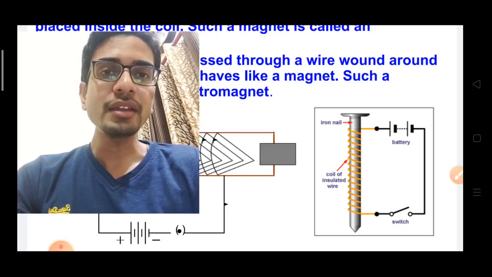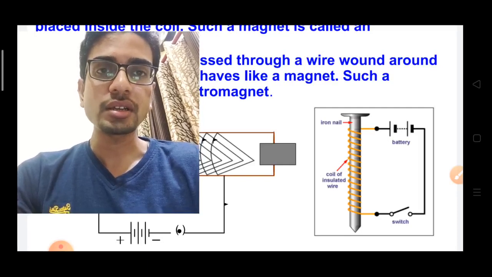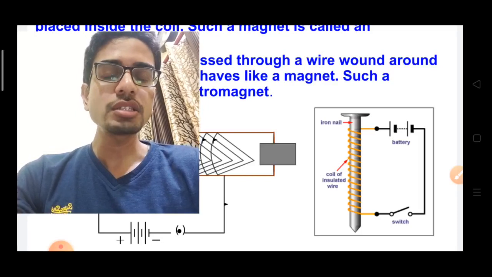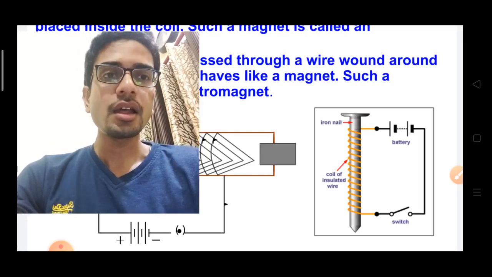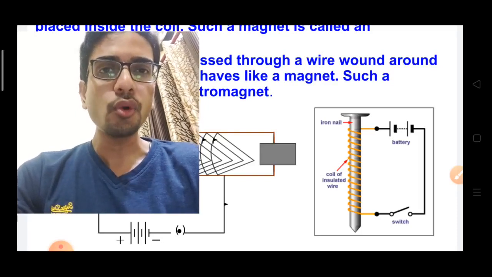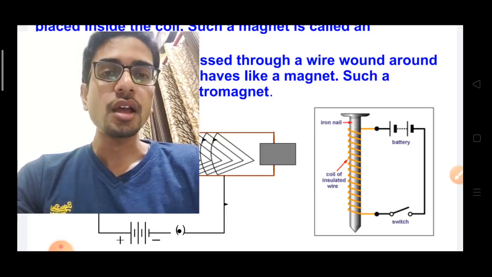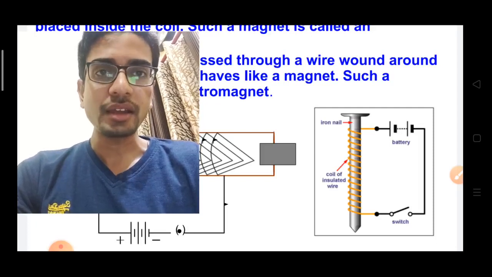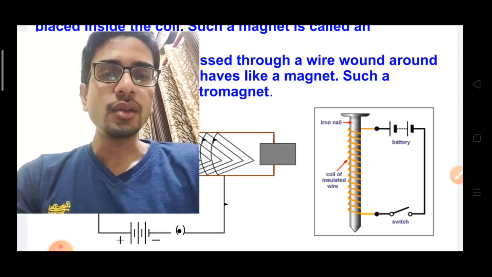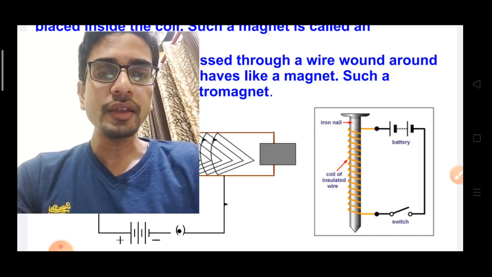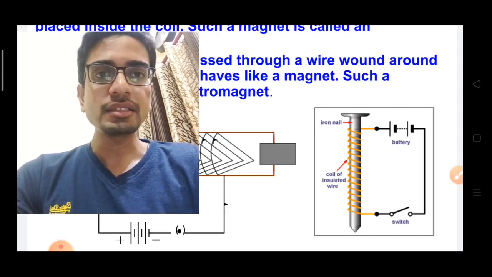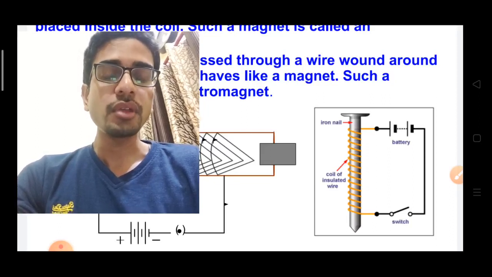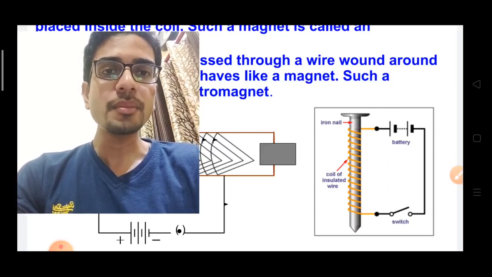Just like magnets exert force on each other, similarly a current carrying wire also acts like a magnet, and that will also exert force on another magnet, and also will experience force from another magnet. It means that whenever a current carrying conductor is placed in a magnetic field, it experiences a force, because a current carrying conductor is also a magnet.